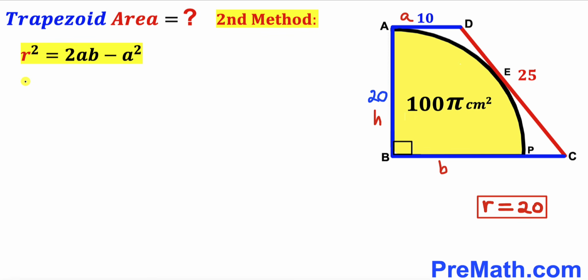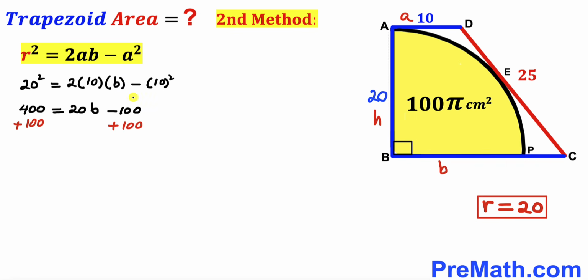Let's go ahead and fill in the blanks. Our radius is 20 squared equals 2 times our a value 10 times b minus 10 squared, and that's going to give us 400 equals 20 times b minus 100. Now we are going to add 100 on both sides. This is gone.